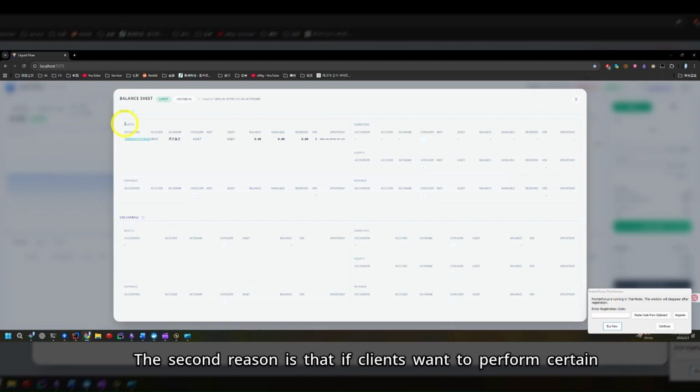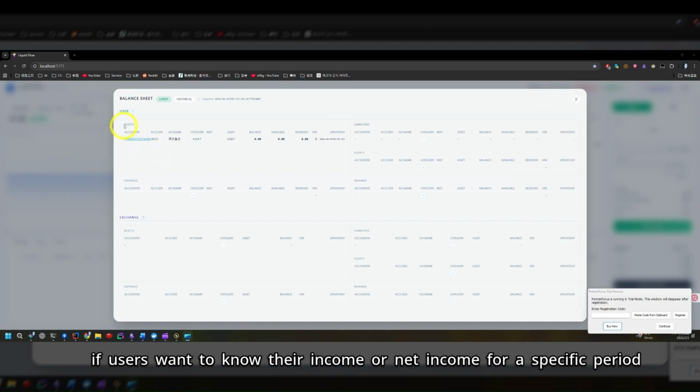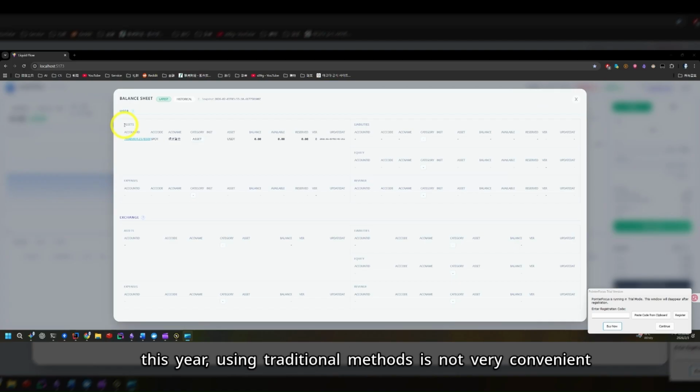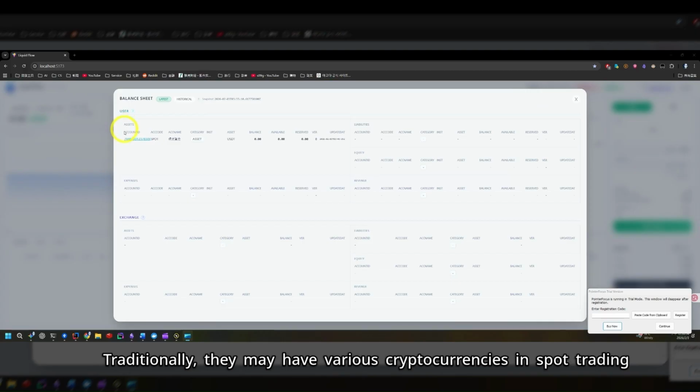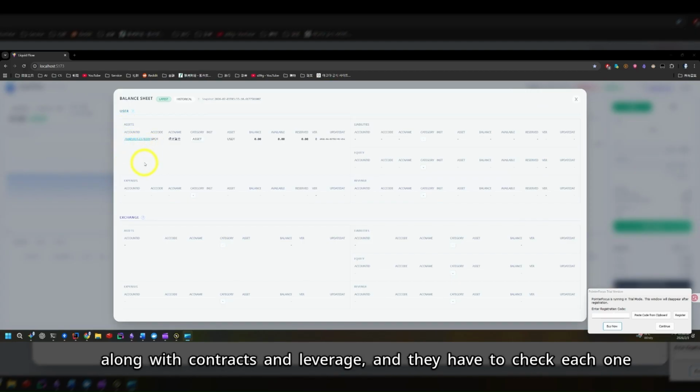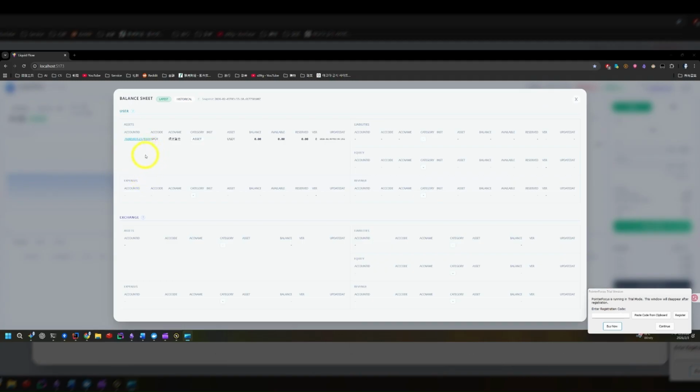The second reason is that if clients want to perform certain operations, like if users want to know their income or net income for a specific period this year, using traditional methods is not very convenient. Traditionally, they may have various cryptocurrencies and spot trading along with contracts and leverage, and they have to check each one to find out how much they earned.